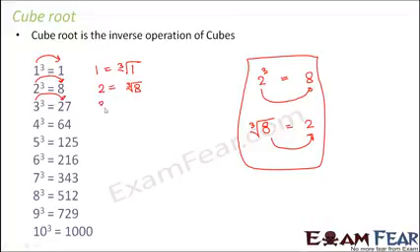You want to get 3 from 27, so the cube root of 27. You want to get 4 from 64, so the cube root of 64, and so on. In this fashion, we see that cube root is the inverse function of cube. And this symbol is called cube root, and it is read as cube root.